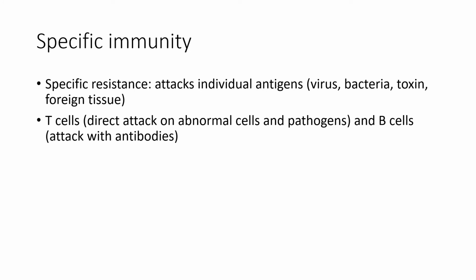So T and B cells are going to look to see if your cells contain your antigens. So it's double checking that the cells that are there are supposed to be there. And I know I keep repeating myself, but that is the take-home message that I want you to get from this. So if it's a bacteria, it's obviously not going to have your antigens. That means it's not going to stay.